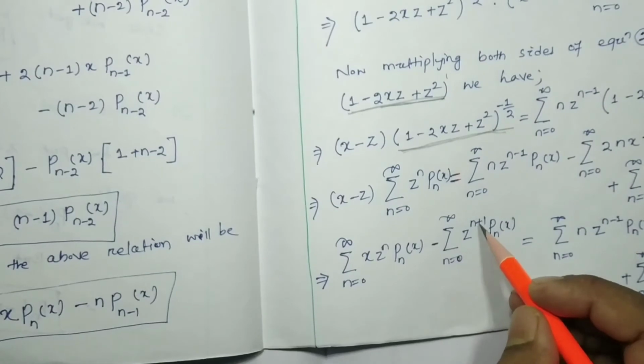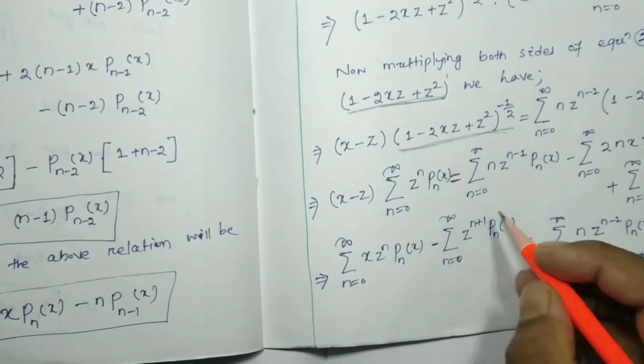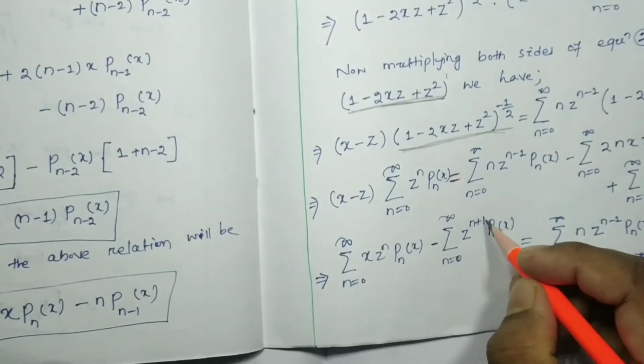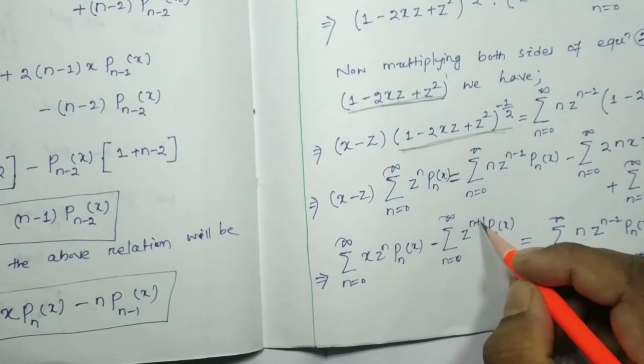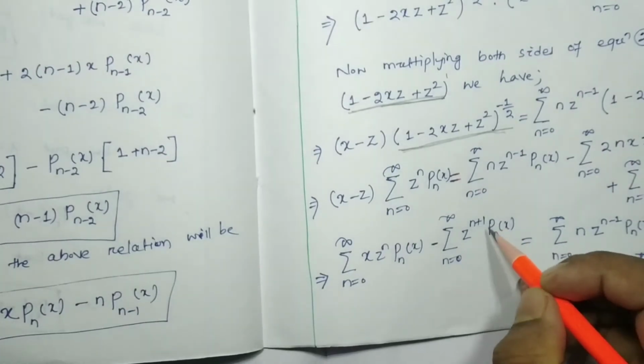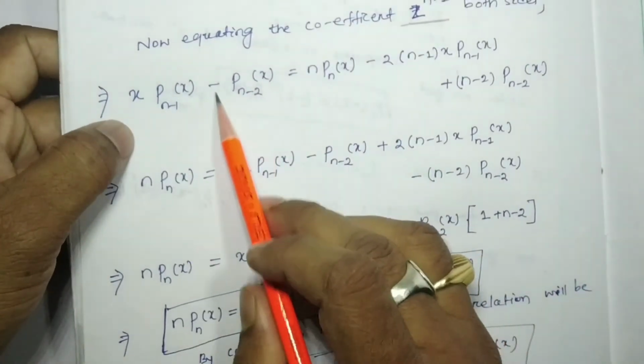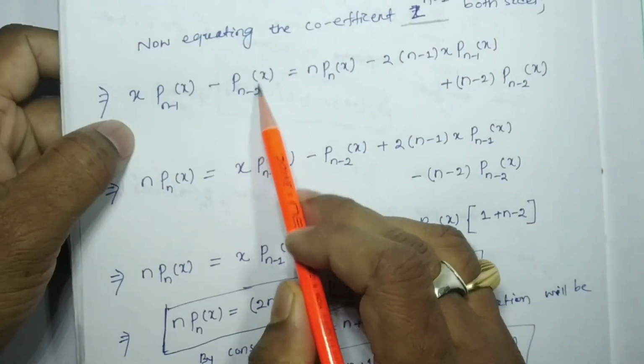To get n minus 1, I have to subtract 2, so plus 1 minus 2 gives z to the power n minus 1. So the coefficient will be minus P n minus 2 of x.